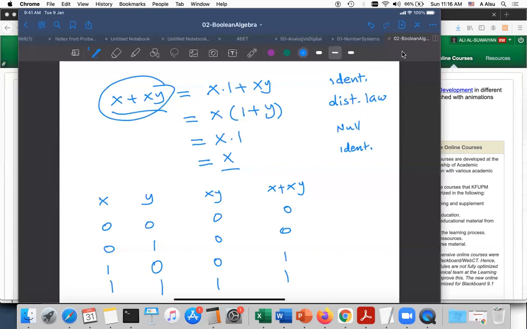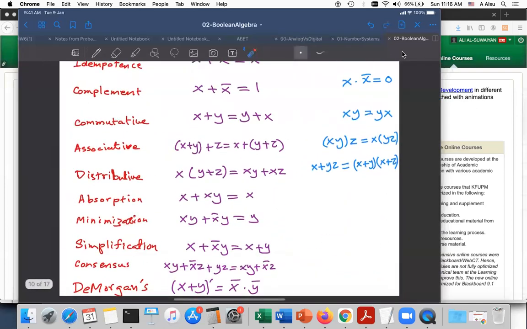Compare this with this. Aren't they equal? Yes, so this also proves the equality of the two terms. Proving by truth table can be done also, but sometimes we ask you to prove using Boolean algebraic manipulation.